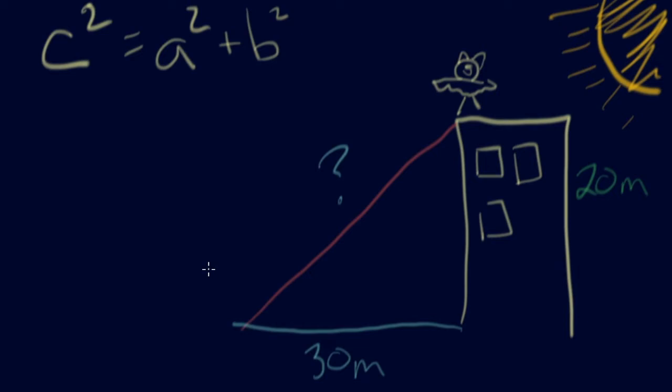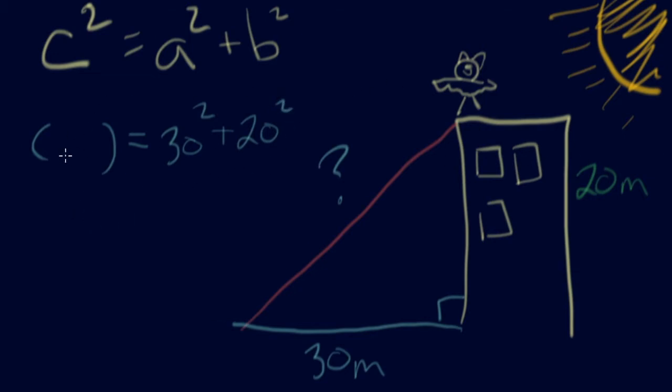Understand that we're creating a 90-degree angle when we do this. So any kind of shadow question has a 90-degree angle. We're just going to plug in some numbers. For this one, we're trying to solve for c, and we're given 30 squared plus 20 squared. These are going to be some really giant numbers.